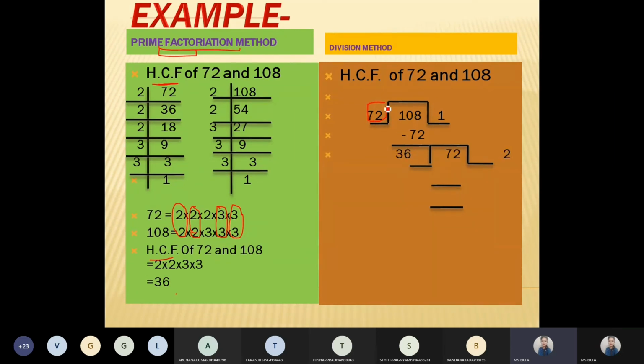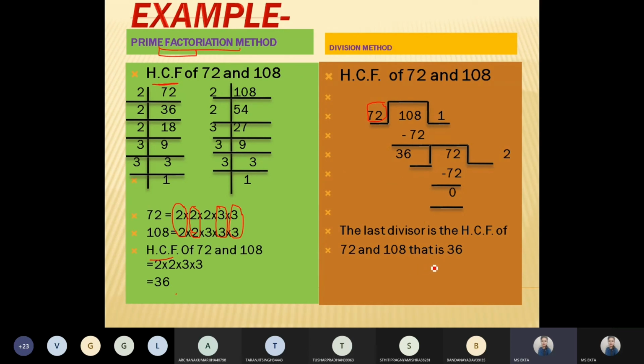Then place this number inside the division. 36 2s are 72 and the remainder is 0. We will do this process until we get 0 as the remainder. The last divisor is the HCF of 72 and 108, that is 36.